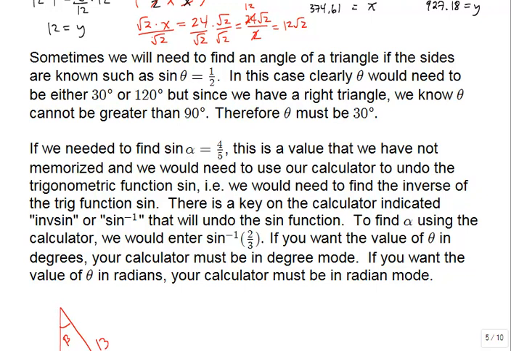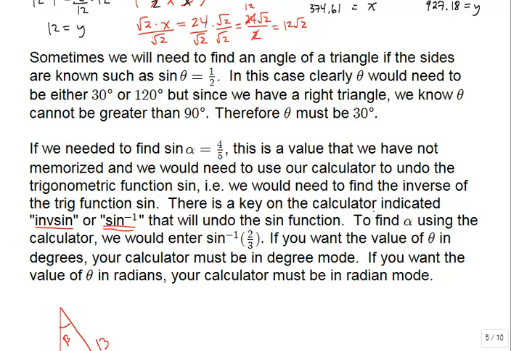And in order to do that, you use the inverse sine button on your calculator. On some older calculators, you might see it written this way, INVSIN. But on most calculators these days, it's going to look like a sine with a little -1, which stands for inverse function. So this is the inverse sine button, and that's what you would use to undo the sine function.